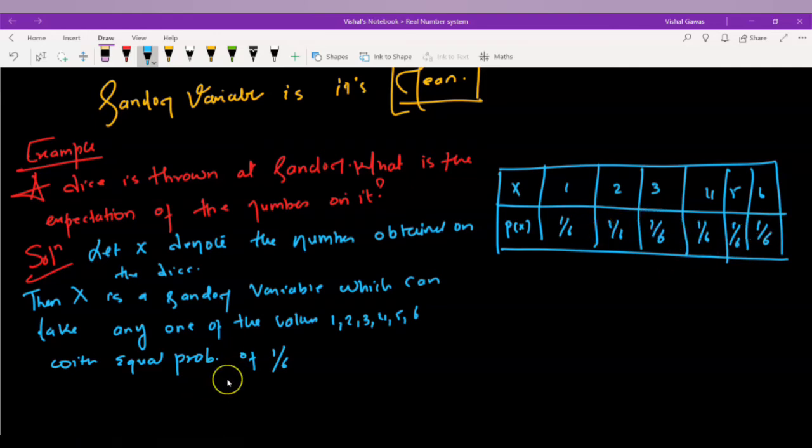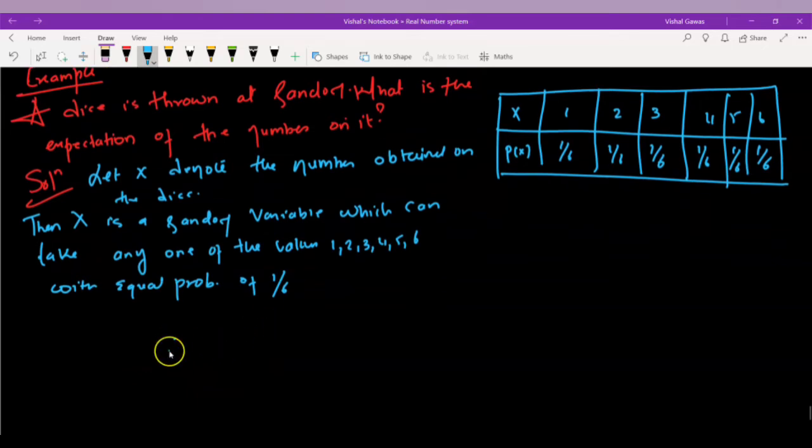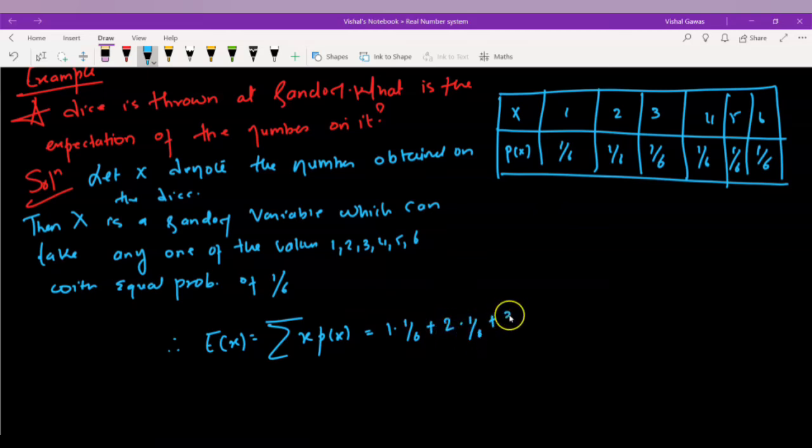Therefore, what will be the mathematical expectation? Simple as that. E of x is nothing but summation x into p of x, right? If we open this up, this is 1 into 1 by 6 plus 2 into 1 by 6 plus 3 into 1 by 6 plus 4 into 1 by 6 plus 5 into 1 by 6 plus 6 into 1 by 6.